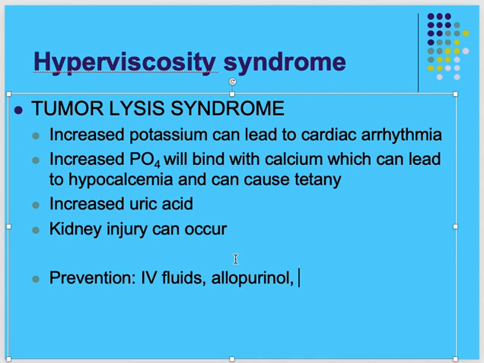Rasburicase is also a drug which reduces uric acid levels, and we also treat any metabolic abnormalities. Plus, we can put the patient on dialysis.